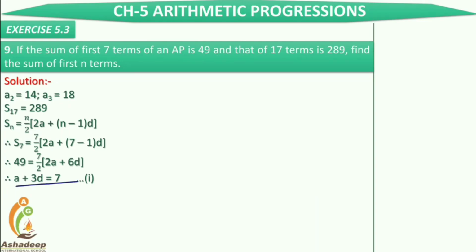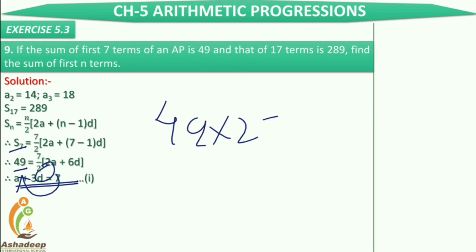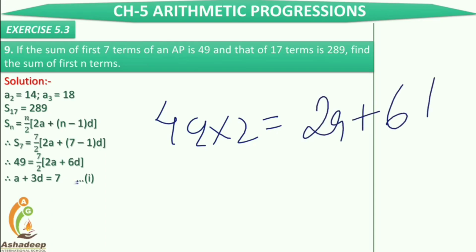So first equation we will get this a plus 3d. How can we get this? This S7 is equal to 49. So 49, this 2 from the denominator goes into the numerator, so 49 multiplied by 2 is equal to 2a plus 6d.